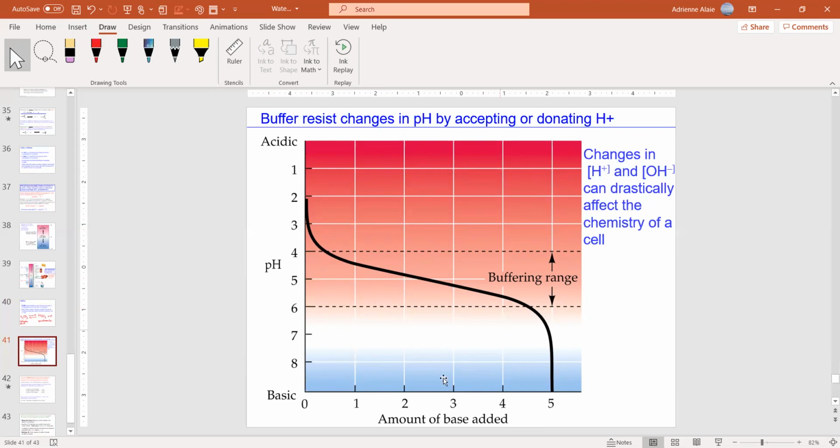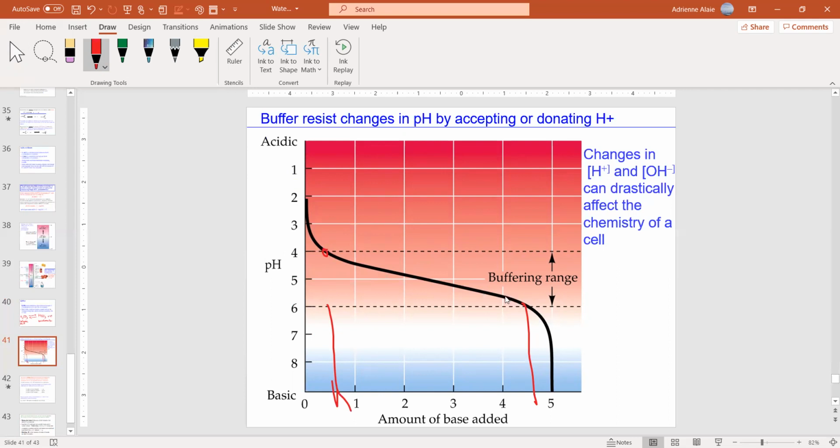Then over this incredible range, look at how much base you add. If you start somewhere around right here, you add all of these base units, and between here and here the pH still changes, from 4 to 6.